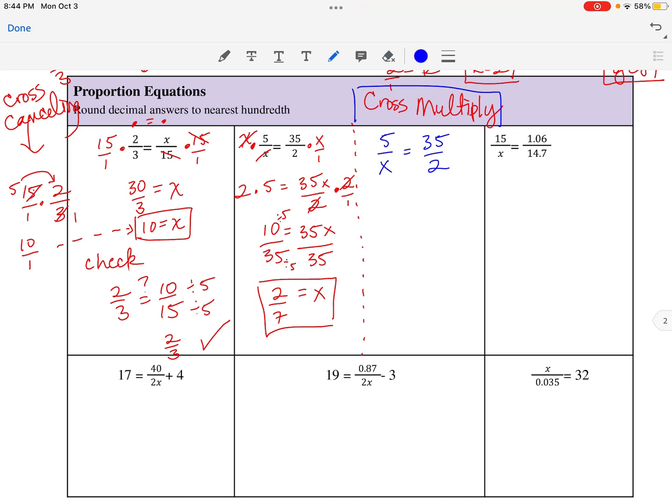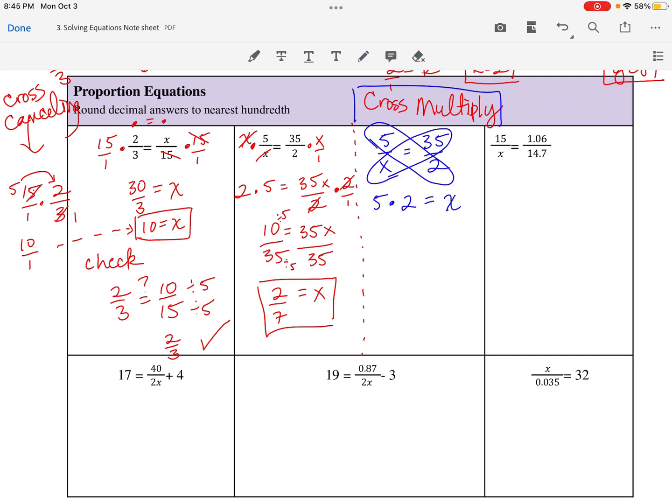What we can do with cross multiplying, it's a shortcut where if you multiply the numerator and denominator of one fraction, 5 times 2, it equals the numerator and the denominator multiplied together, the product of those, on the other side, x times 35.